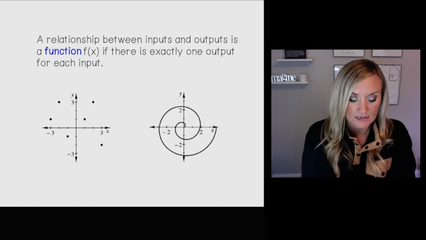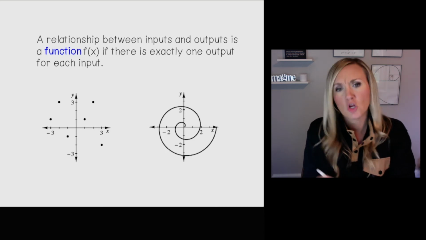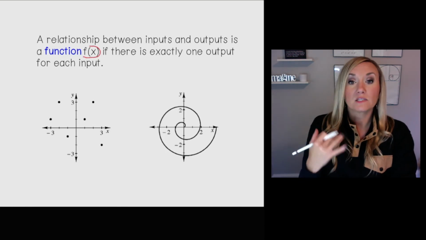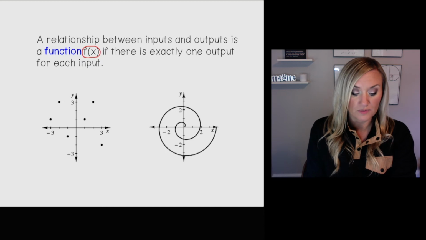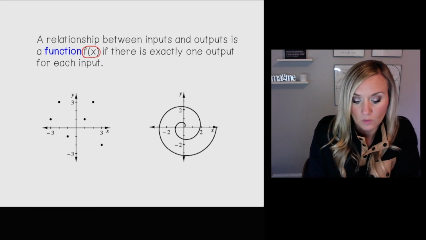All right, now this right here is the notation. Notation is like how we write things that indicates a function, okay? And so far, we've been seeing, I'll give an example, like y equals 2x plus 1.